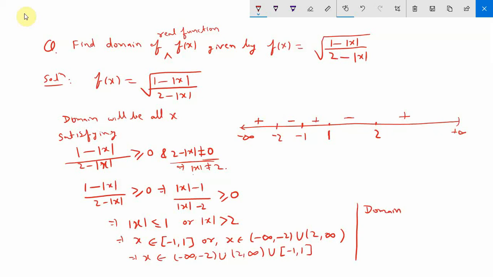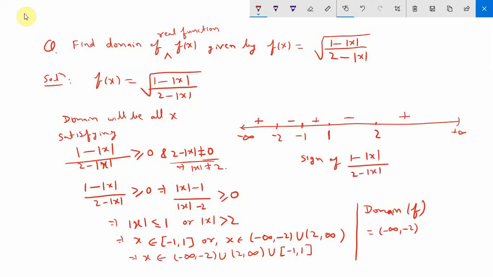Okay, so our domain of f is (-infinity, -2). This number line indicates the sign of the ratio (1 minus mod x) divided by (2 minus mod x).